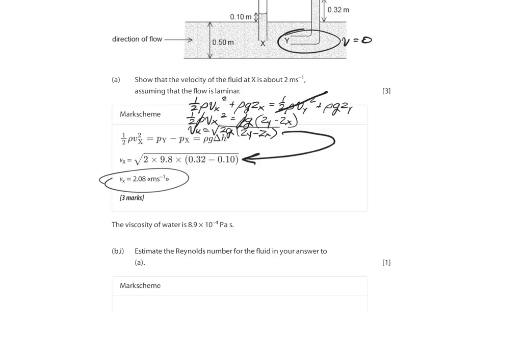Then it says the viscosity of water is 8.9 times 10 to the negative 4 pascal seconds. Estimate the Reynolds number for the fluid in your answer to 2A. Remembering that in the Reynolds number, R is diameter, not radius. I'm not sure that matters much because we're talking about orders of magnitude. We do know the diameter, it's 1/2 meter.